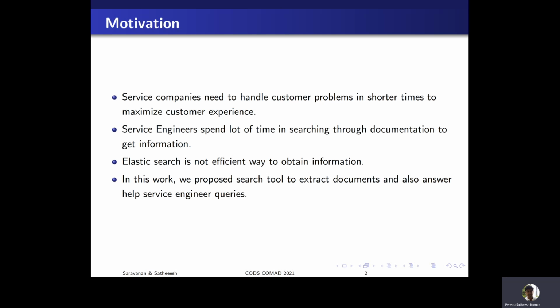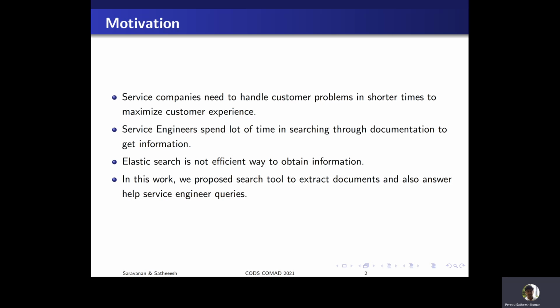Usually, service companies spend a lot of time handling customer problems, and they need to solve them in a shorter time to maximize customer experience. The service engineers spend a lot of time searching through documentation to get information. So normally people tend to use Elasticsearch, which is not an efficient way to extract information. And so people use alternative ways like searching through a knowledge graph and developing a question answering solution.